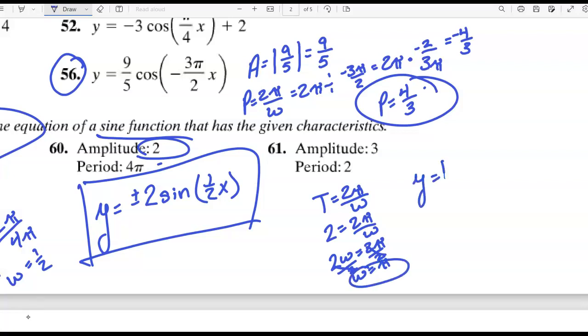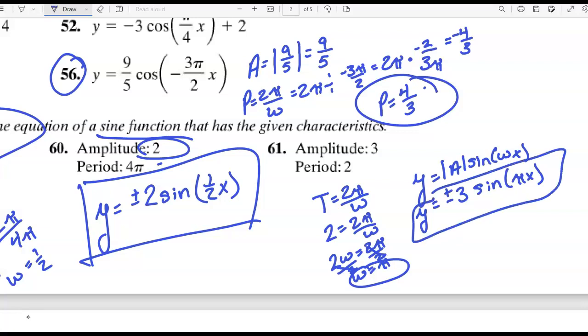So here's our format. Once again, we don't know if A was positive or negative. We don't know anything about reflection, so I'm going to account for both by putting both in. So there is our equation that fits all of that criteria.